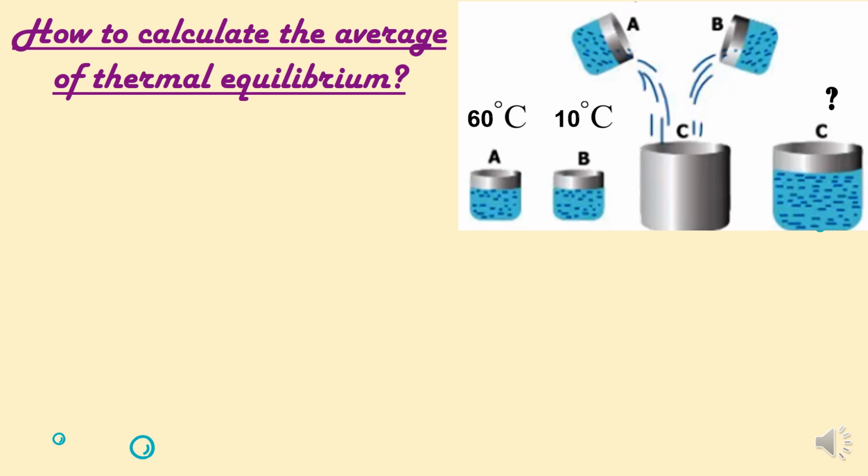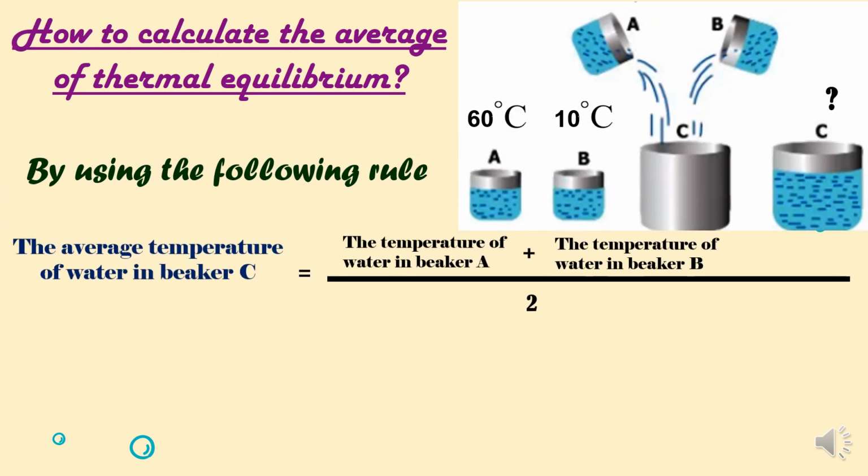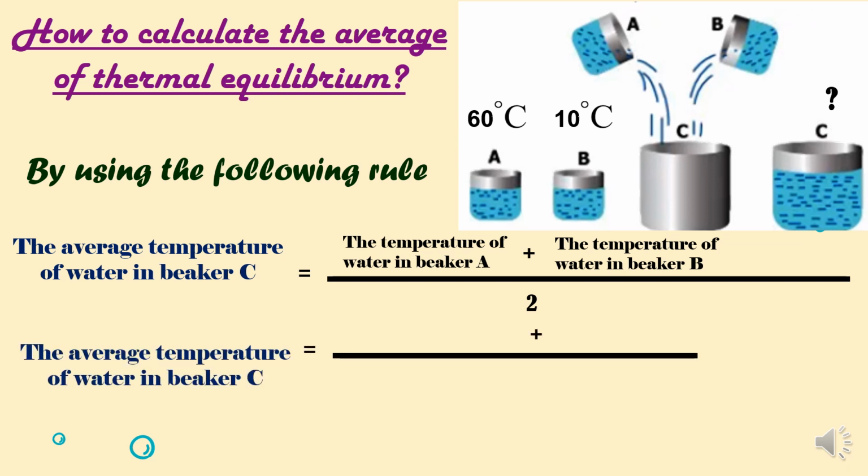Actually, to calculate the average of thermal equilibrium or the temperature in cup C, we should follow this rule. It's the summation of the two cups divided by 2. So, we're gonna write 60 added to 10 divided by 2, it would give you 35 Celsius.